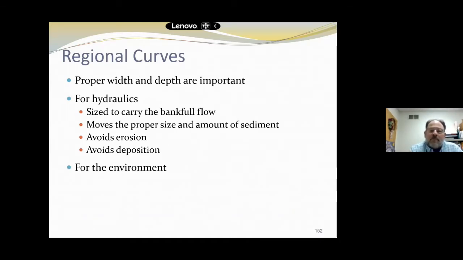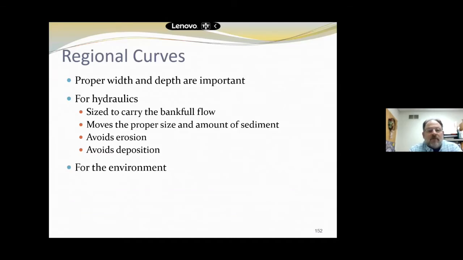Proper width and depth are very important, especially for the hydraulics. They're sized to carry the bank full flow. That's a very important determination to make in the field: what the bank full flow is and how to construct a channel back to bank full flow.